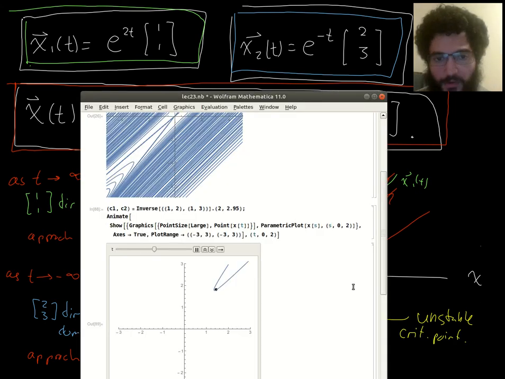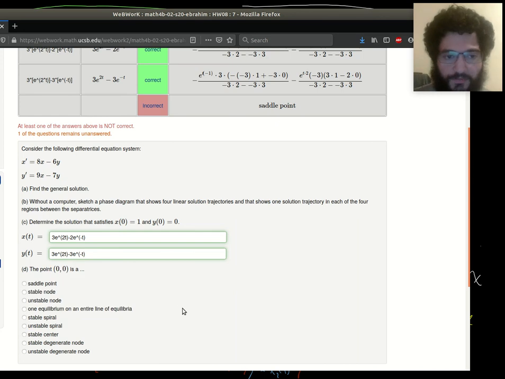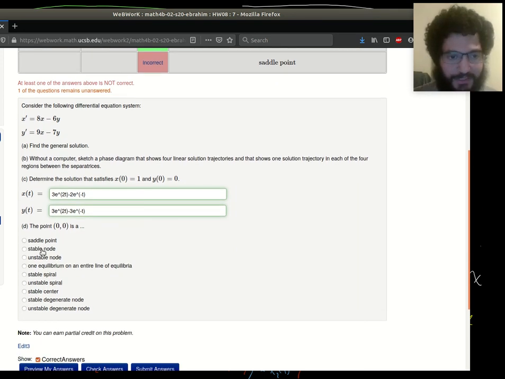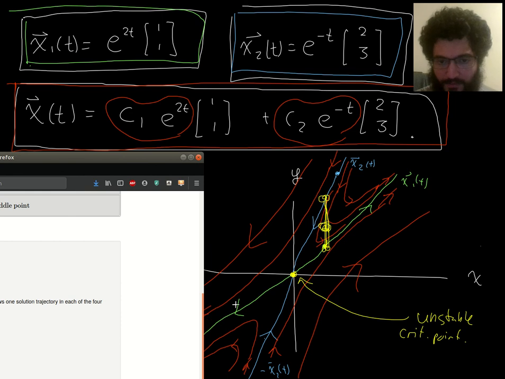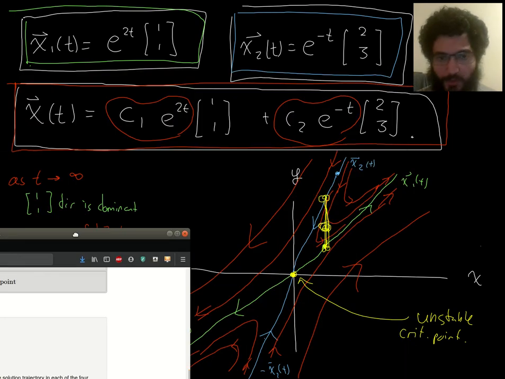But we also have a more fine-grained classification. So there are several types of unstable critical points. This particular one with this kind of picture, where it's mixed and you actually have one line along which you have stability, one line of instability. So one stable eigensolution, one unstable eigensolution.